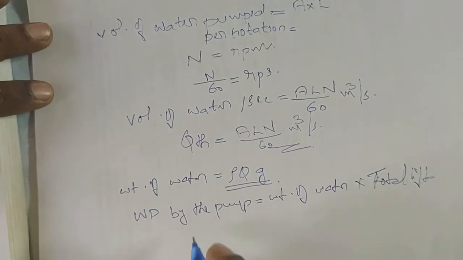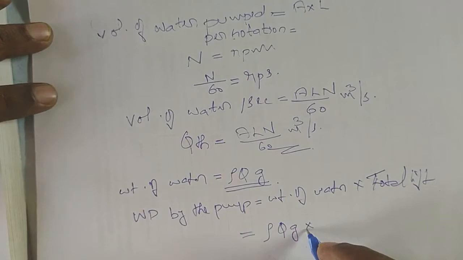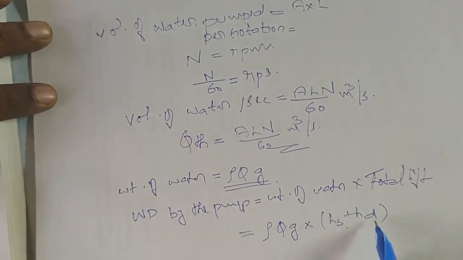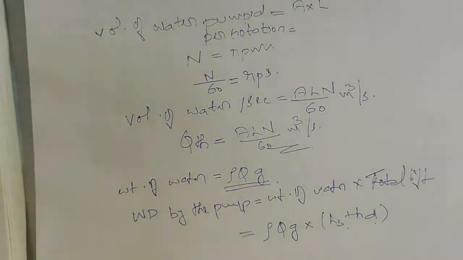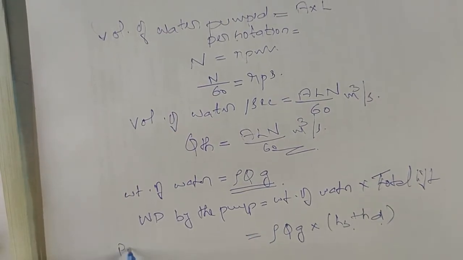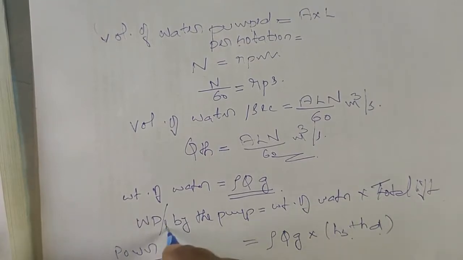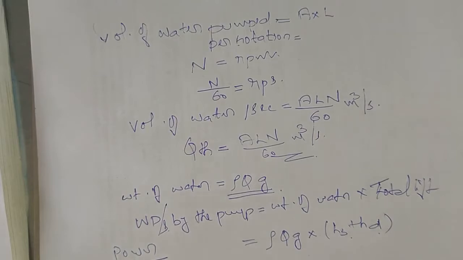Total lift is hs plus hd, the suction lift plus delivery lift. So rho Q g into (hs plus hd) will be the theoretical power or work done per second by the pump.